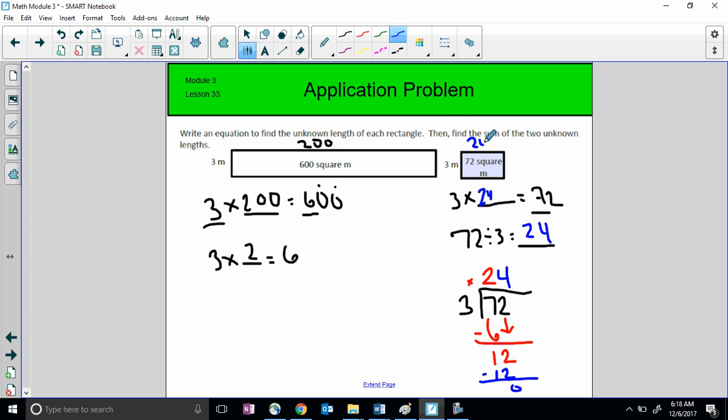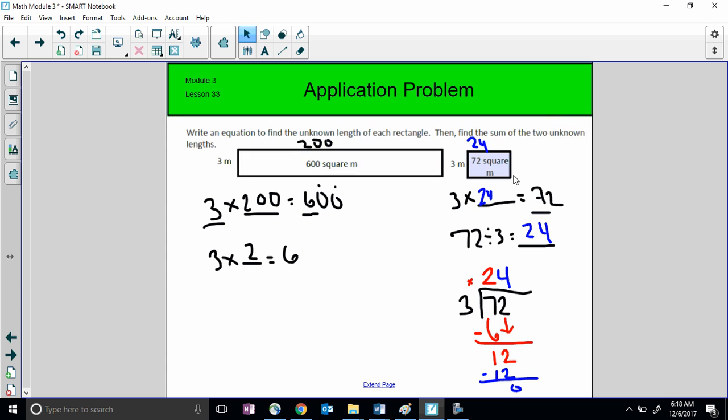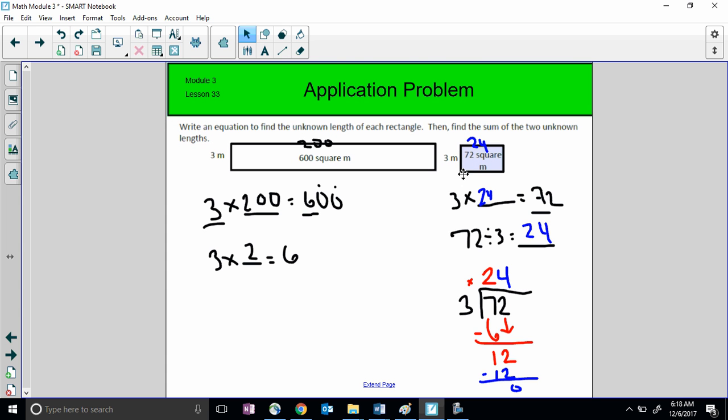Put it up here. Then it says find the sum of the two unknown sides or lengths. 224. They're no longer unknown, but that's what we found. So when I put these together, I get 224. Now, the point of that is, oops, I guess I'm not allowed to move these squares.